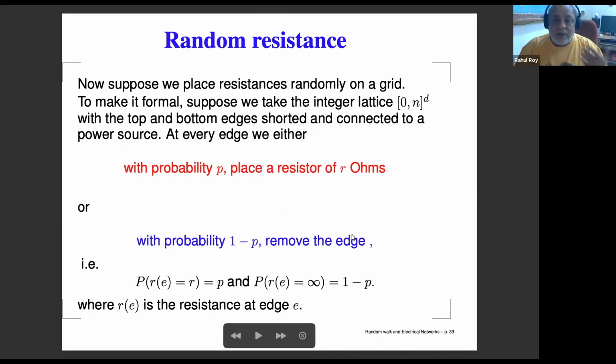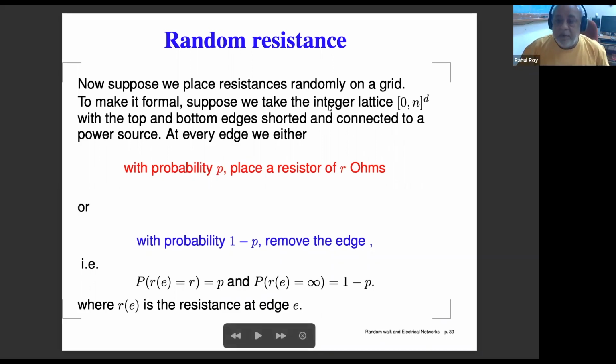Now I'm going to talk about something which is a bit more modern, and it's the interest of the research community here now, is that suppose we place resistances randomly on a grid. What do I mean by this? Because as I told you earlier, whenever we say random, this is my first lecture, when we talked about Bertrand's paradox, we have to specify our problem completely.